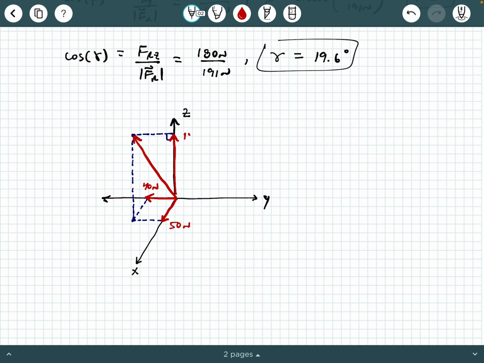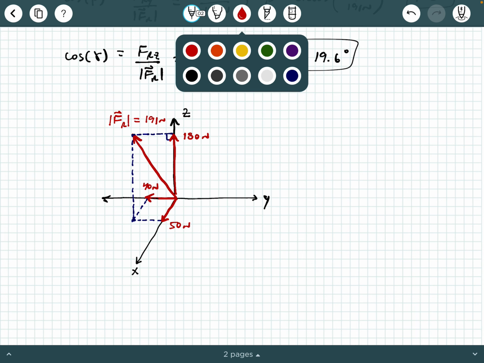And then we have 180 newtons here, and the magnitude of FR is 191 newtons. That magnitude is the length of this 3D vector here. And again, I've got all my components here pointing in their appropriate directions. Notice that the 40 is pointing in the negative direction.